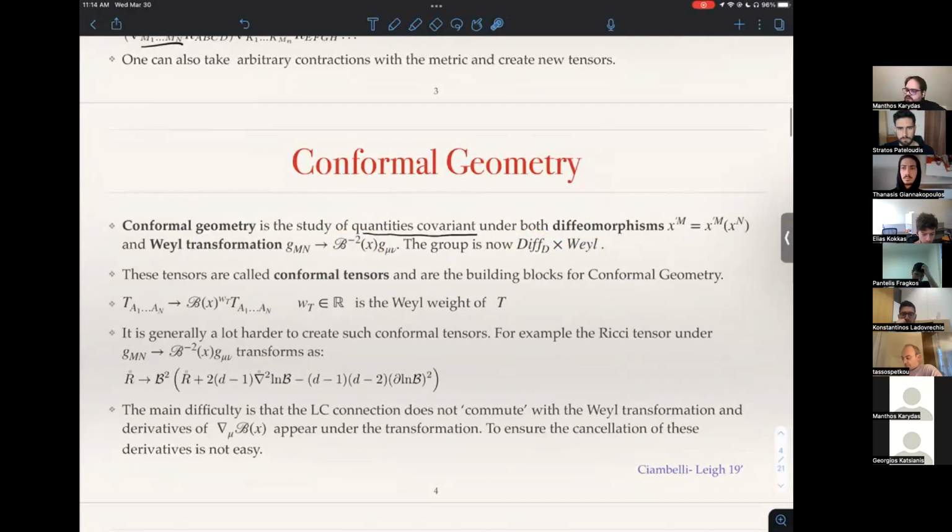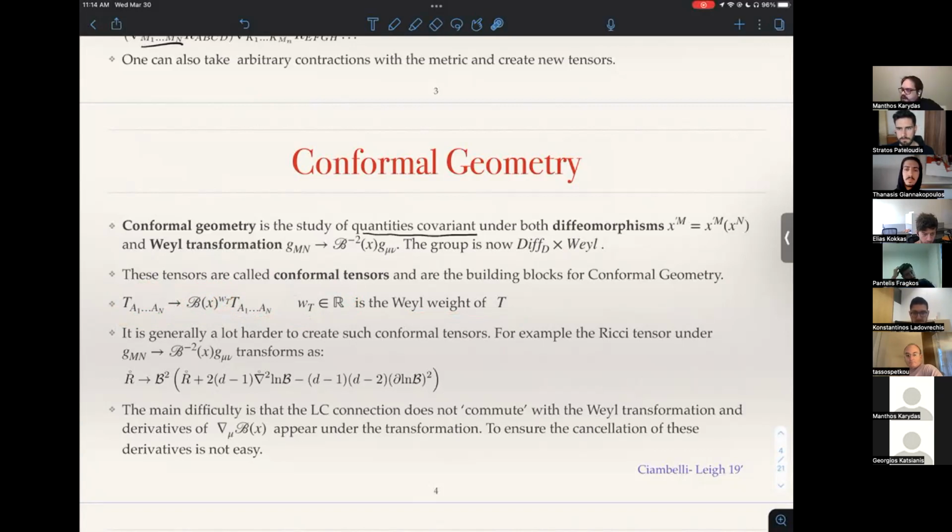What covariant means is that we have some tensor with an arbitrary number of indices, and under a Weyl transformation it transforms to the function to some power w times the tensor, where w is a real number, and this is called the Weyl weight of the tensor. Okay, so we need to create such tensors. It turns out, though, that it's a lot harder to create such tensors, which I will call conformal tensors in this talk.